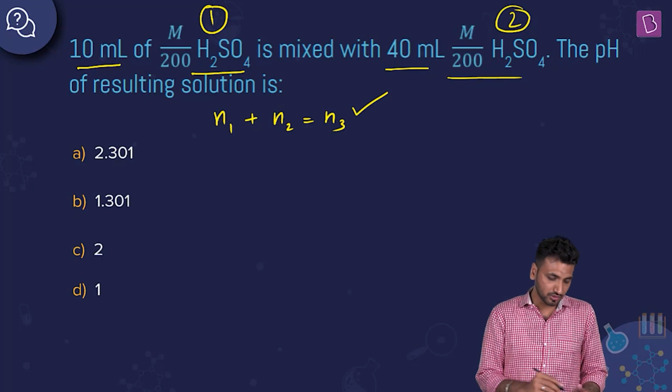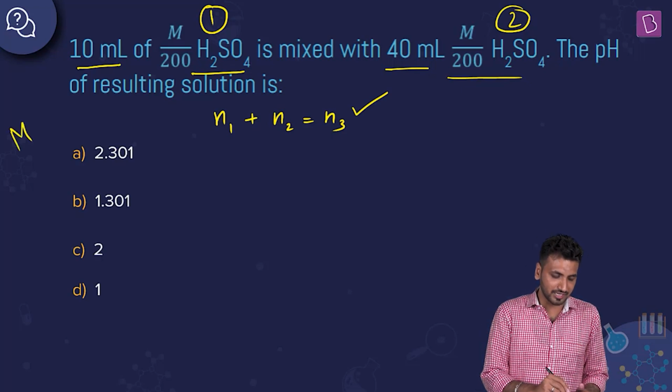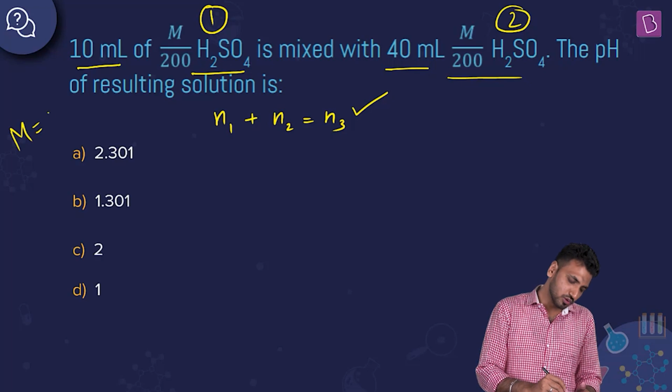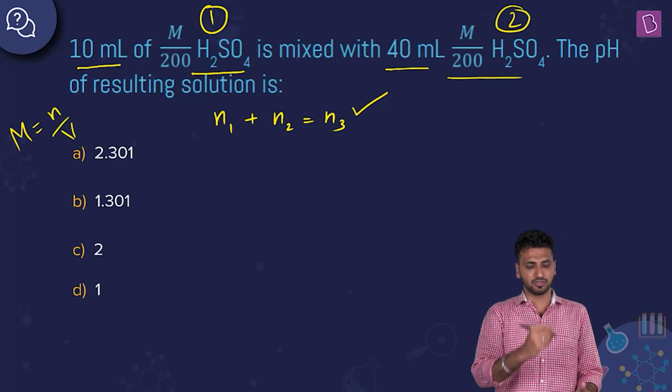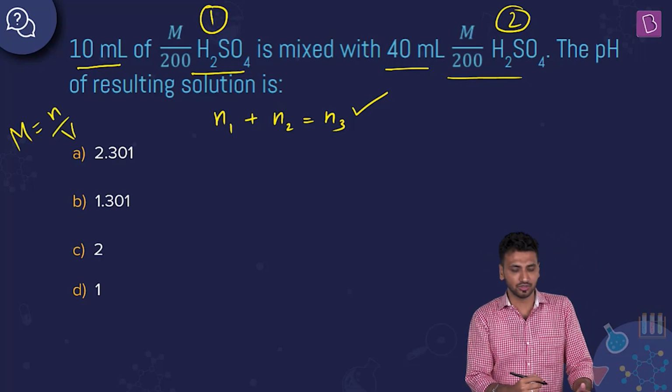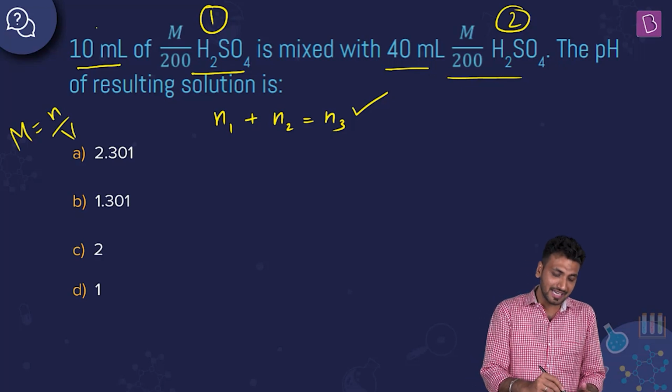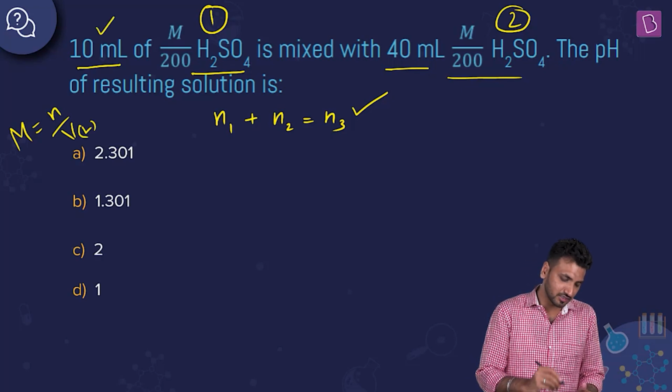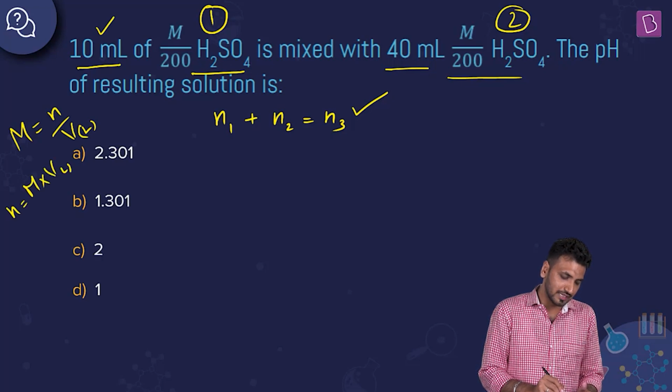So if you just see molarity, the formula for molarity is moles by volume. You have molarity, you have volume in ml. Here volume is in liter, keep that in mind. So moles will be molarity into volume in liter.